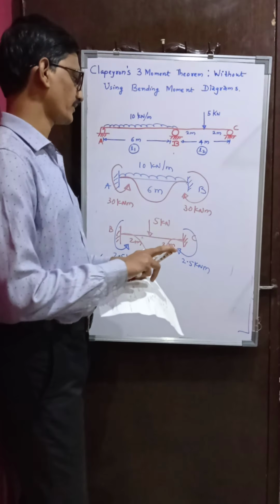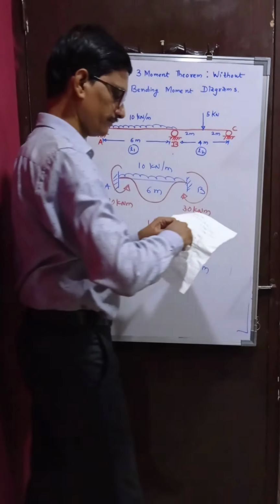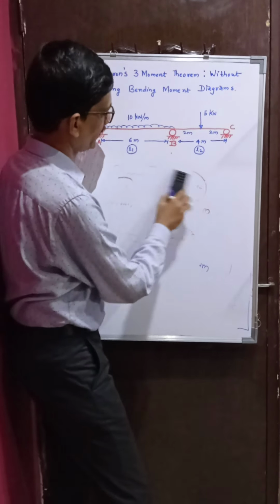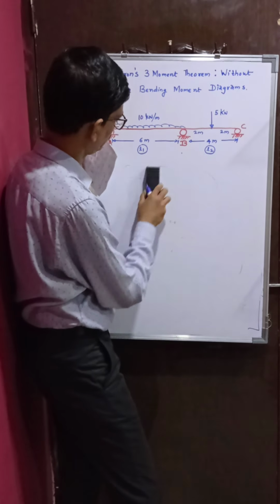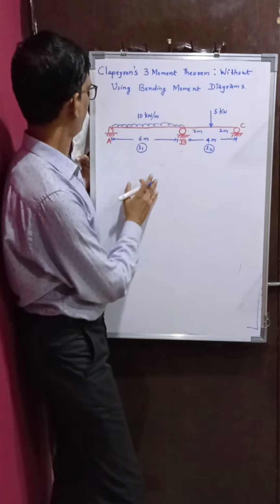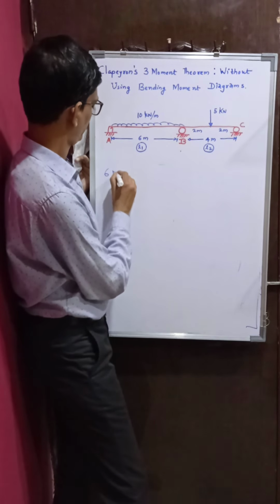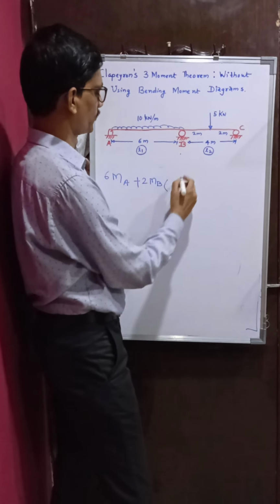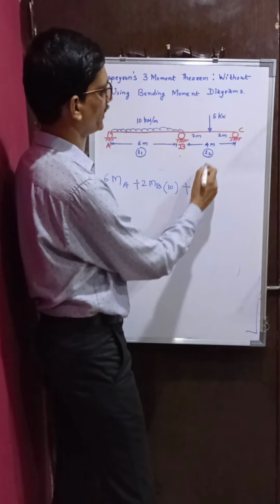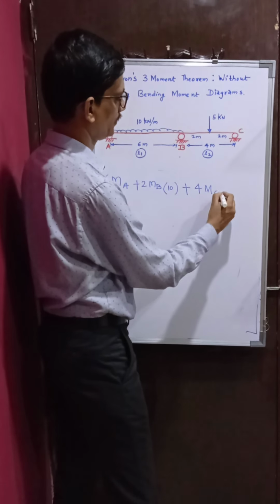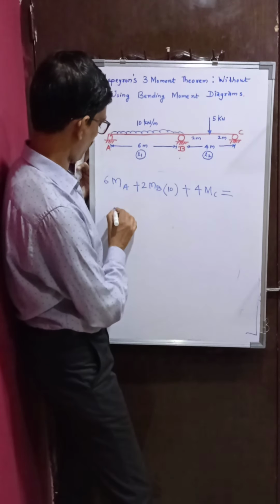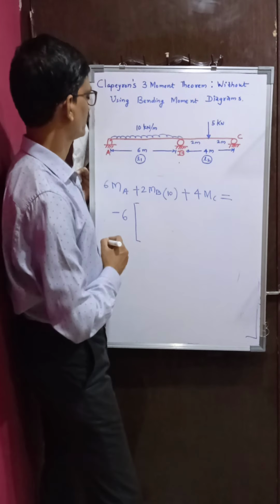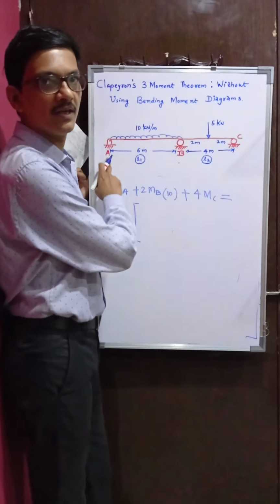Now we will remember it and we will try to substitute it in the equation which I had just told you. What is that? Again, MAL1, so it is 6 MA plus 2 MB L1 plus L2, that is 6 plus 4, 10, plus MCL2, that is 4 MC, is equal to minus 6, that is minus 6 into bracket, what I had written was MFAB.